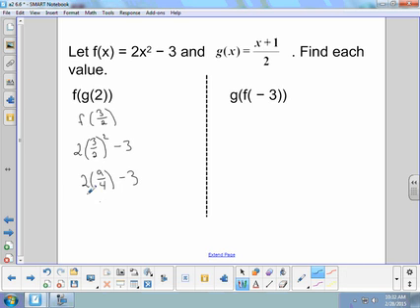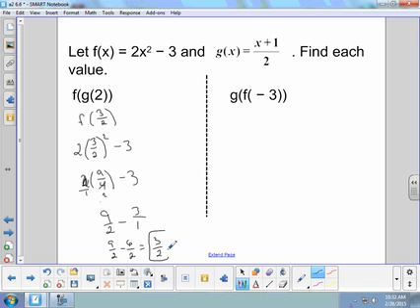We should reduce first, because those 2's are going to cancel. I'm going to get 9 over 2 minus 3. When I'm subtracting, I have to get a common denominator. My common denominator is going to be 2. Looks like I'm going to get 3 over 2.